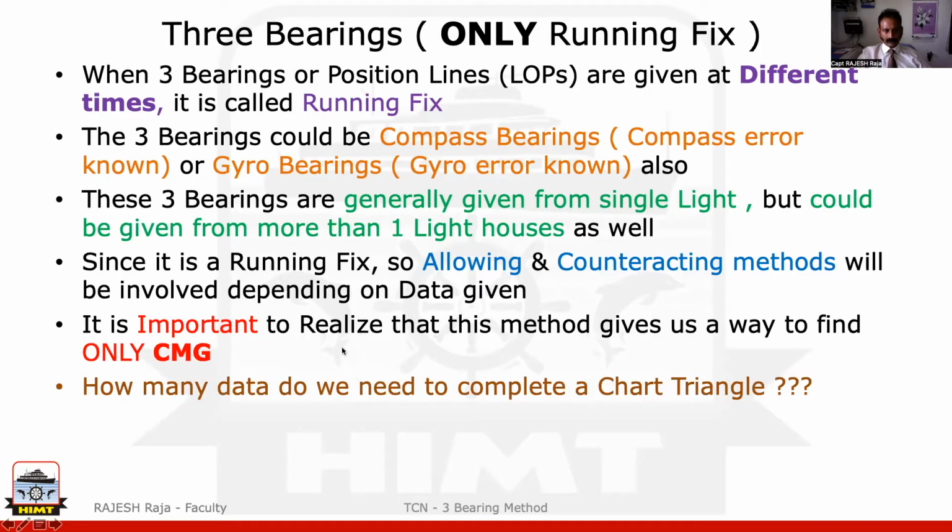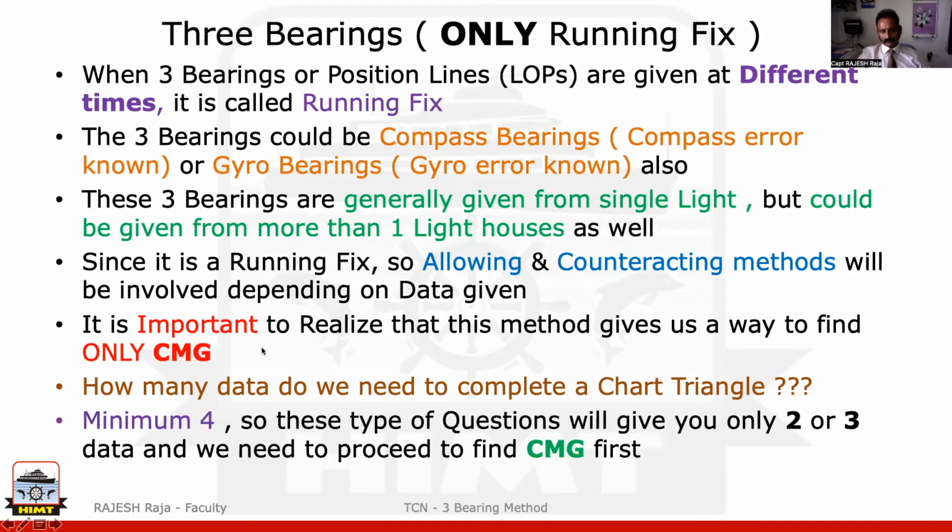A quick question to recap for you: those people who have already done chartwork, I'm sure you will understand what a chart triangle is. The chart triangle has three vectors. So normally, how many data do you need to complete a chart triangle? The answer, which I'll give you, is 4. So you need a minimum of 4 data to complete a chart triangle.